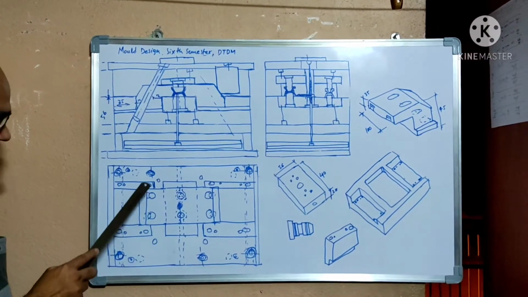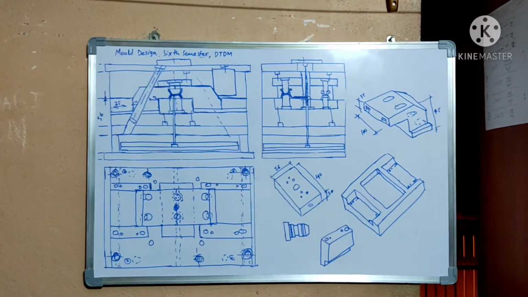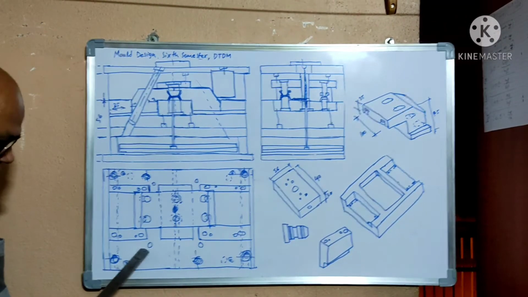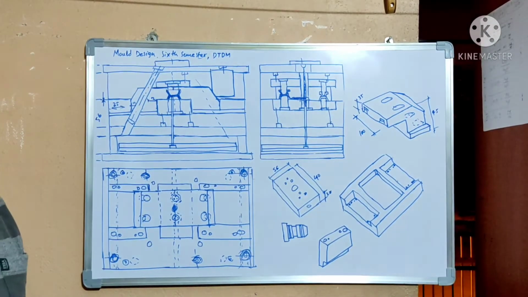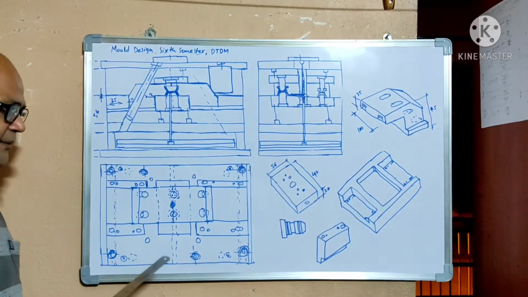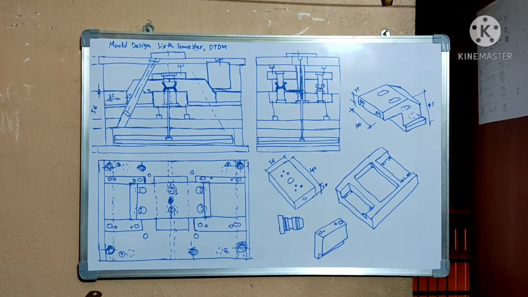Again you are observing the 1, 2 here. These are the 2 ejector guide pillars and guide posts. And here you are observing 1, 2, 3, 4: these are the pushback pins or retainer pins. All elements are similar to the two plate injection mold.